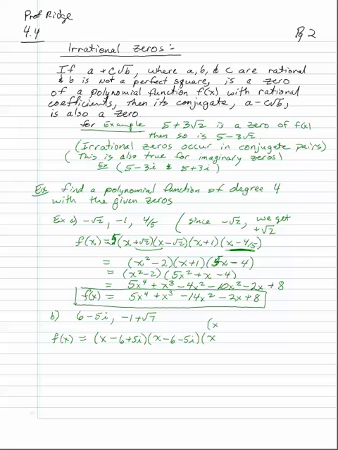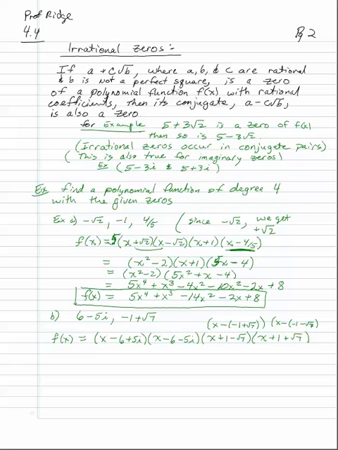So look, I'm not going to write this down both times. It's minus 1 plus square root of 7. You distribute the minus sign, so you get plus 1 minus square root of 7. And then the conjugate is x plus 1, so you can say it's going to be x minus a minus 1 minus square root of 7. So that would be x plus 1 plus square root of 7.